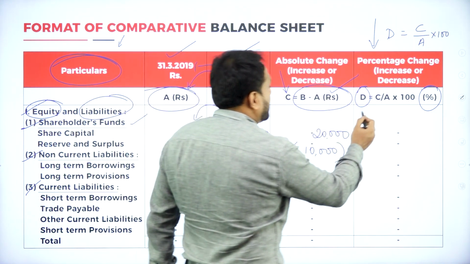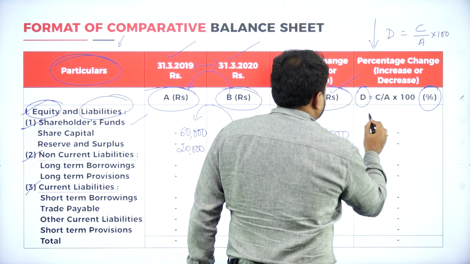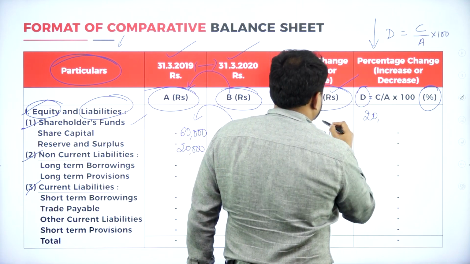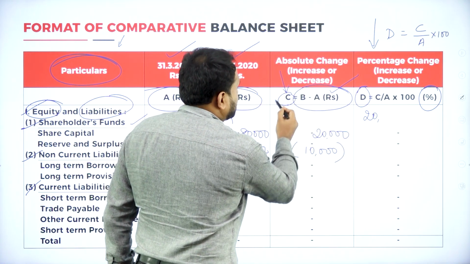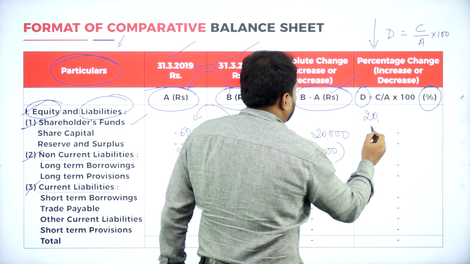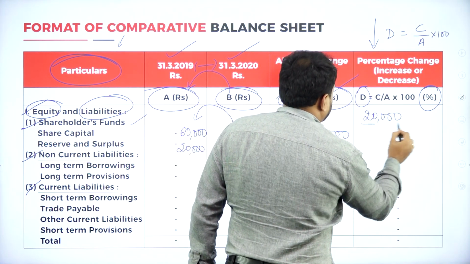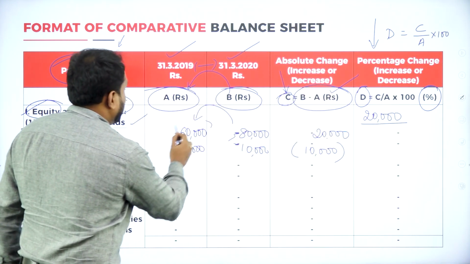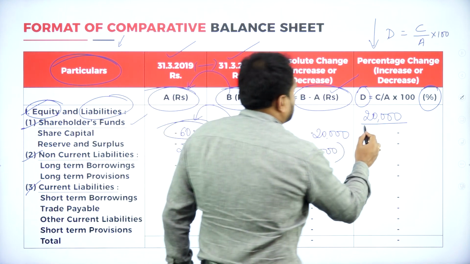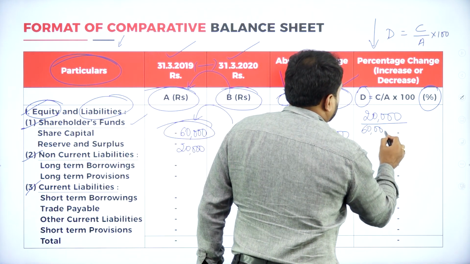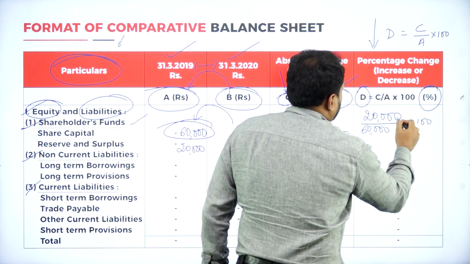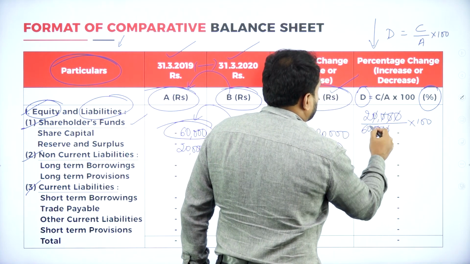What is the working note here? For D, I'll go with 20,000, that is, C is 20,000. 20,000 divided by A, which is 60,000, into 100. So 1, 2, 3, 1 done.